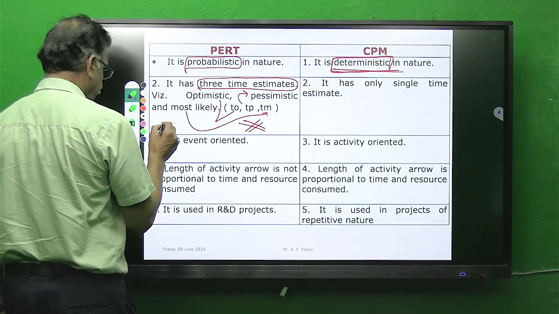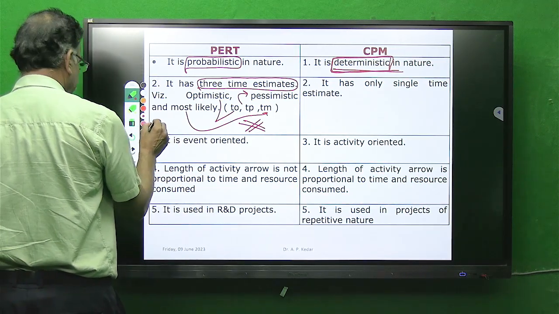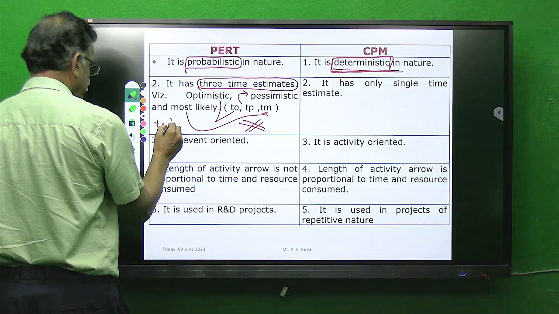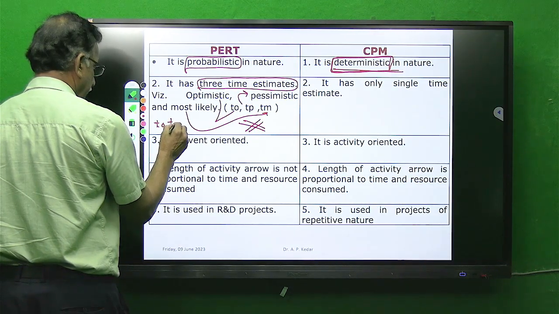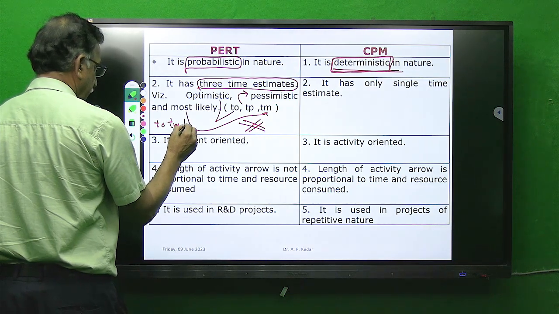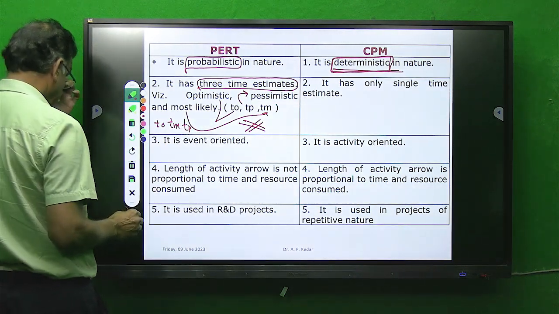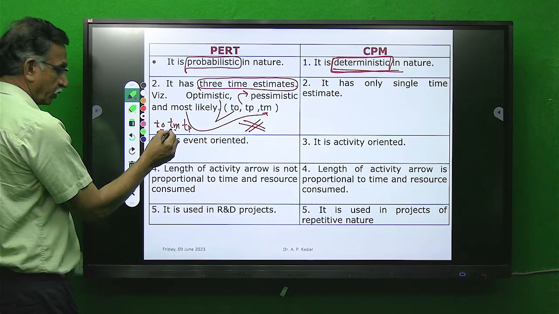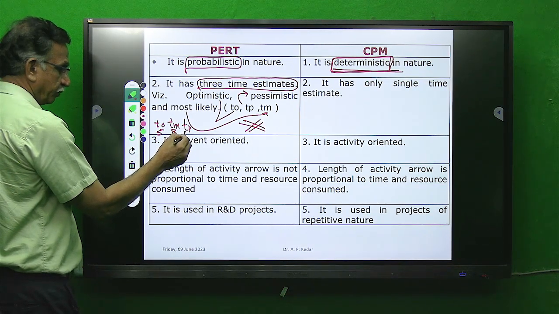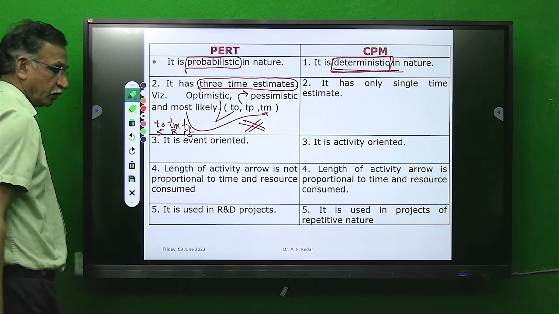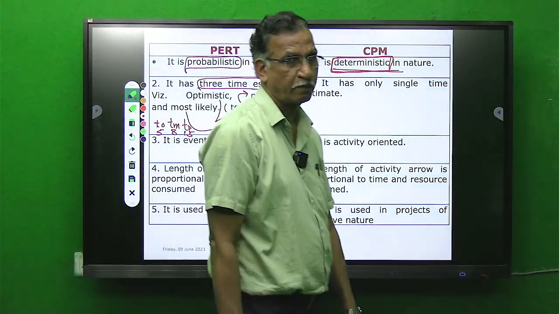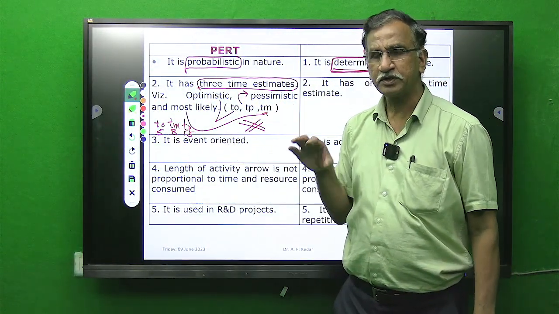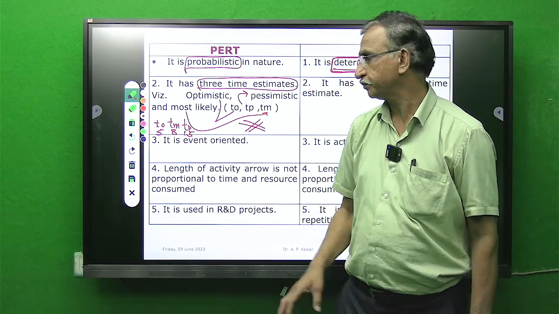The sequence, students, most of the time, is TO, TM, TP for a particular activity. Suppose it is 5, 8, 15, and the unit is days. It means the optimistic time in which I can finish that activity is, say, 5 days.